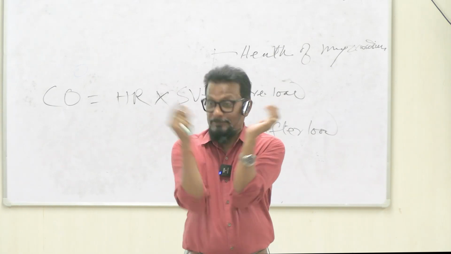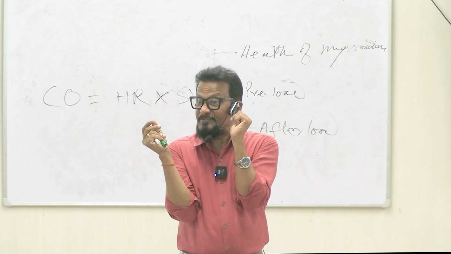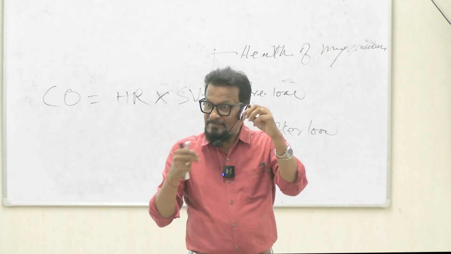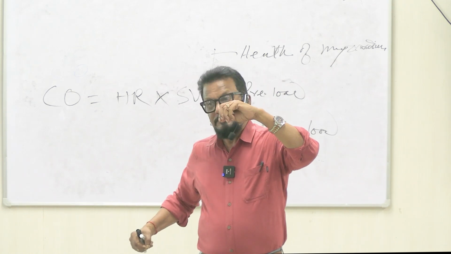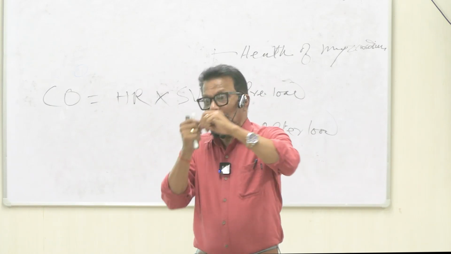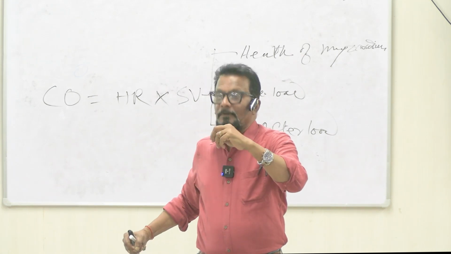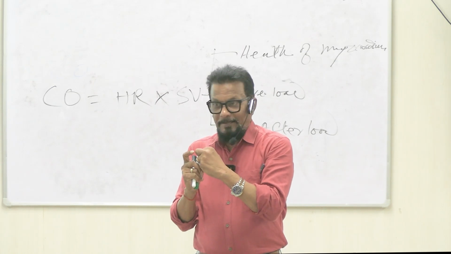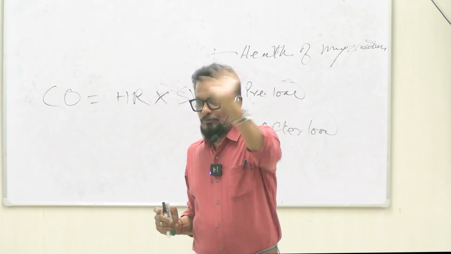According to the Frank Starling law, the more the distension, the more the length of the cardiac muscle. Since it is distended, the length of the cardiac muscle is extended. More extension of cardiac muscle length means more force of contraction. So this is important. The more the force of contraction, the more the stroke volume.